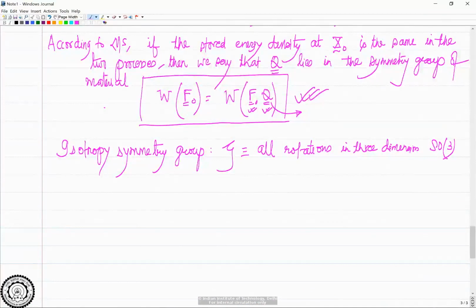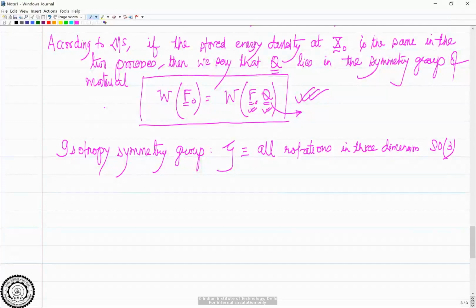So are you having any problem till now in understanding? By saying that the Q lies in the symmetry group of the material, we are equating the energy at x naught in the F1 and F2 deformations. So basically, Q is making no difference.